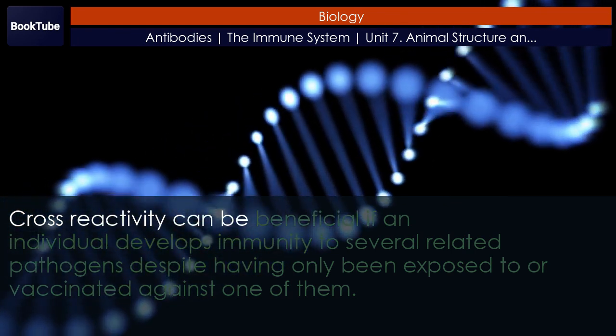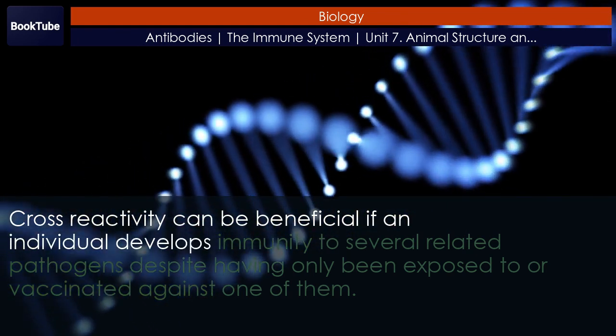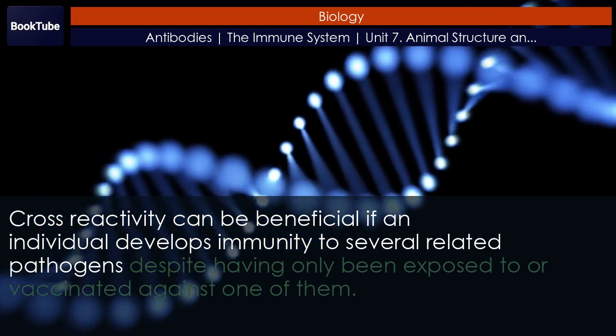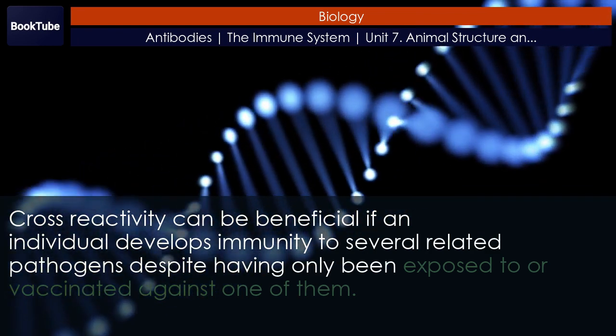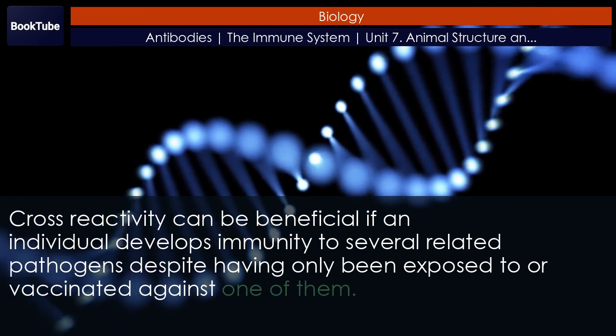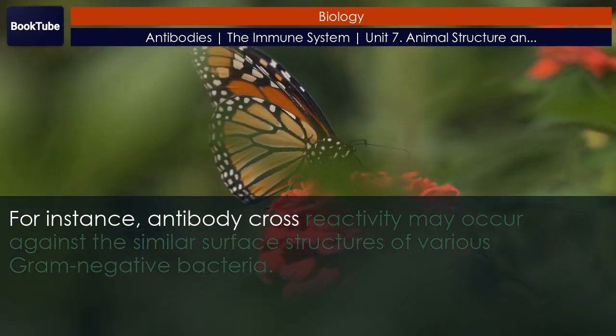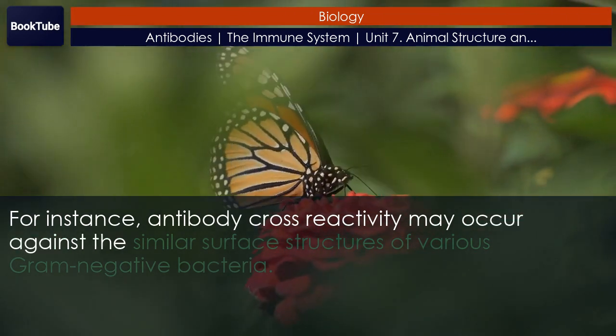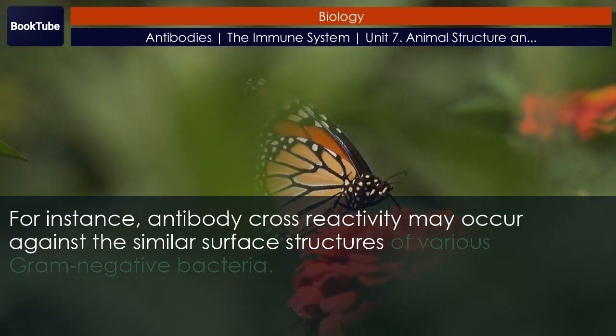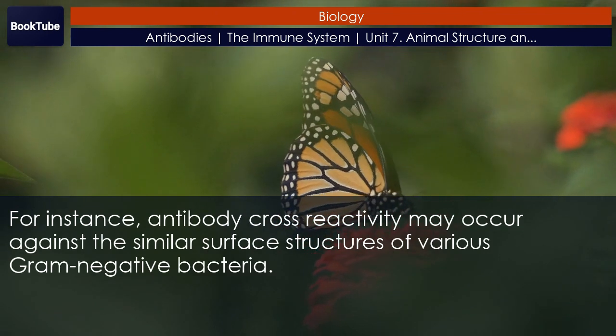Cross-reactivity can be beneficial if an individual develops immunity to several related pathogens, despite having only been exposed to or vaccinated against one of them. For instance, antibody cross-reactivity may occur against the similar surface structures of various gram-negative bacteria.